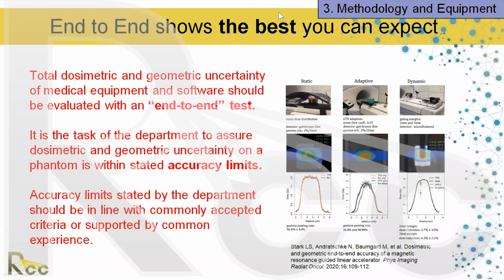And I mentioned this earlier too, the end-to-end is the best you can expect. It's not a human, it's not breathing, it's not moving. This is the best you can get. It's a static patient. And there are different end-to-end test systems. There are different systems that try to incorporate some motion, but it's still not human motion. There's no coughing.